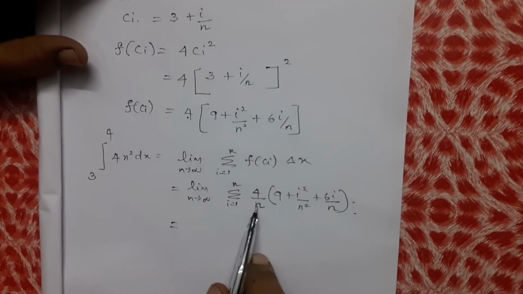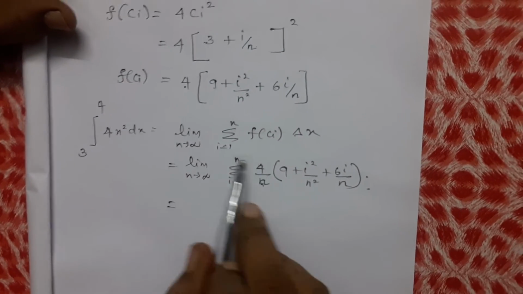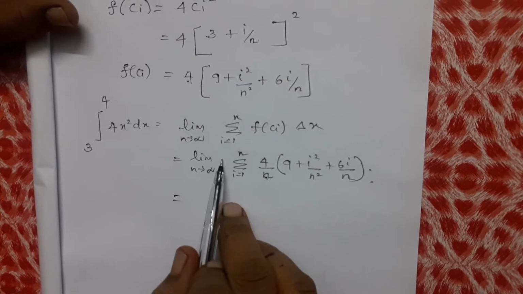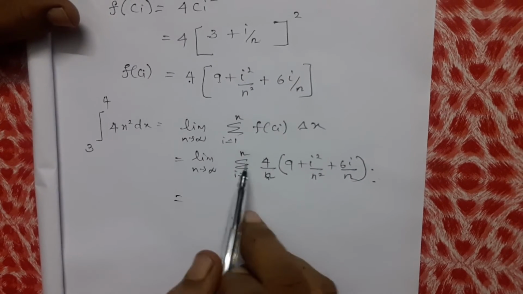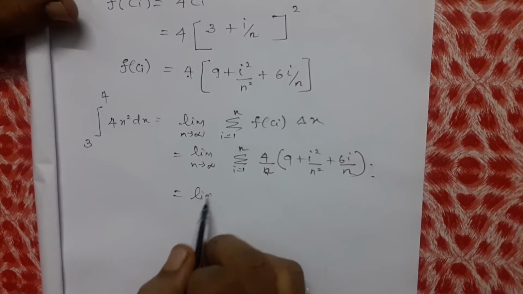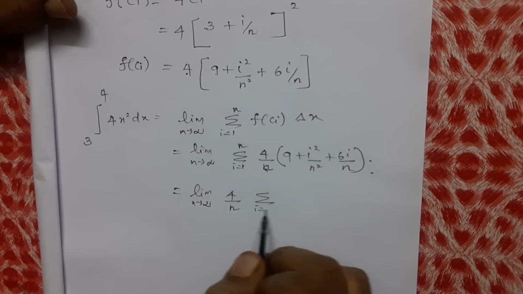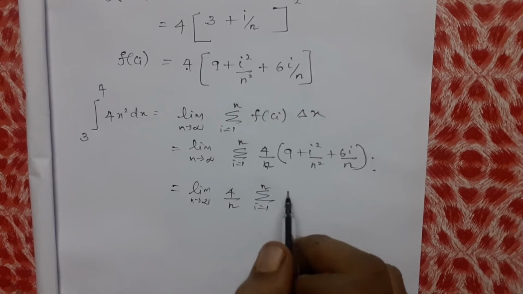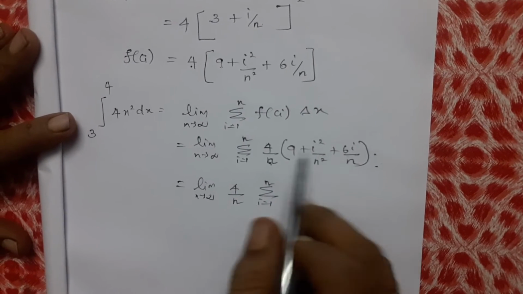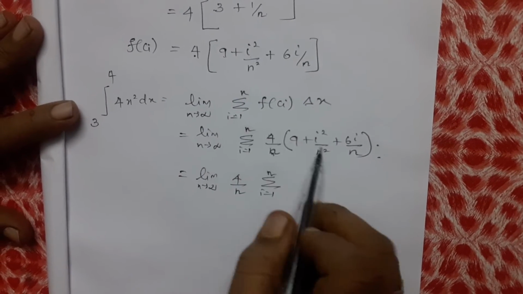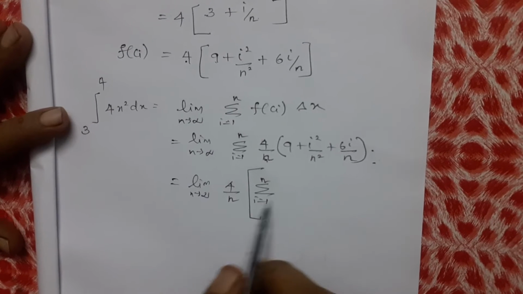Again, 4 by n is independent of i. You can take 4 by n outside from the summation. So limit n tends to infinity, 4 by n, summation i equal to 1 to n. And simultaneously we can even bring summation inside, summation being distributive.